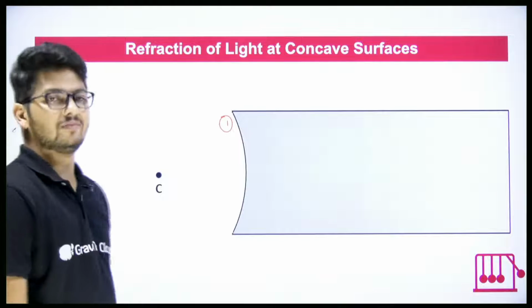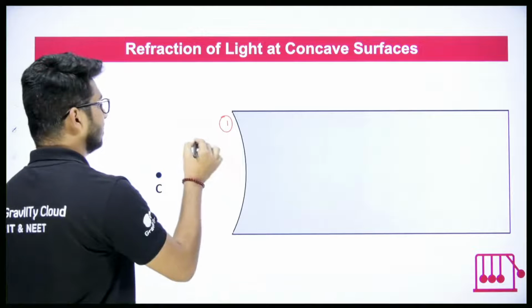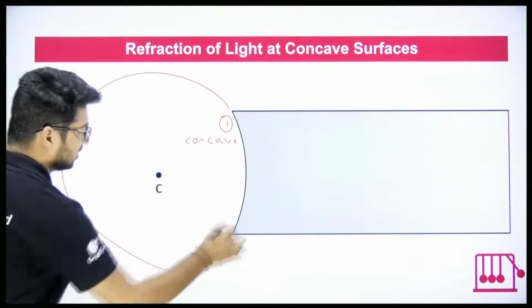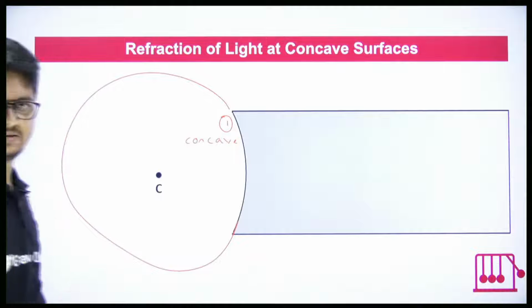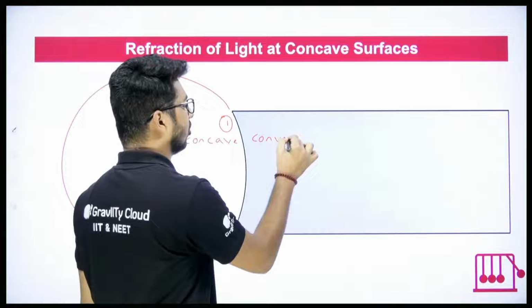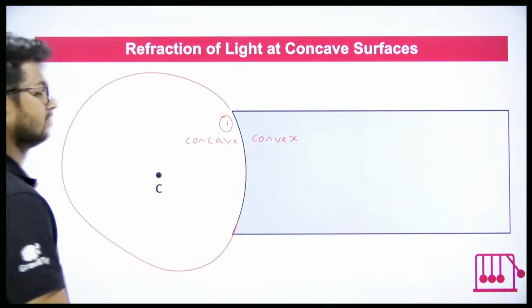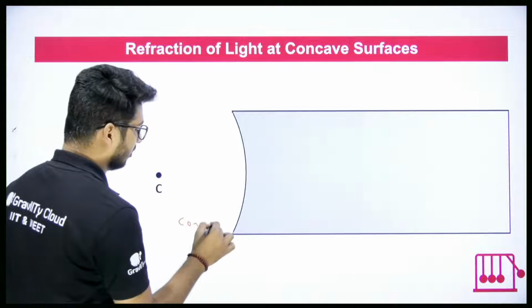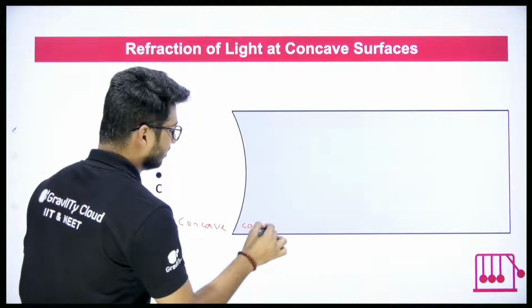This first surface would be concave, because if you complete the sphere it will come to be something like this. Inside is concave, outside is convex. Okay, so keeping that in mind, I'll just write it down here. It is concave here, it is convex here.